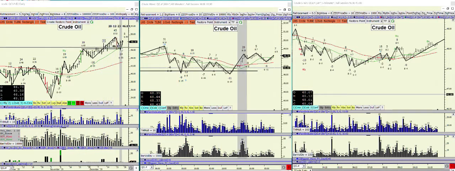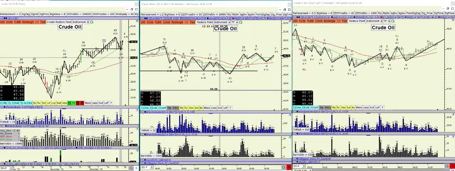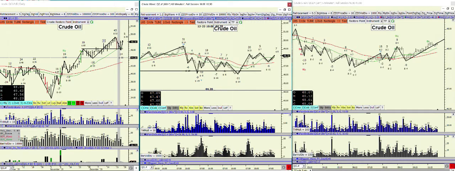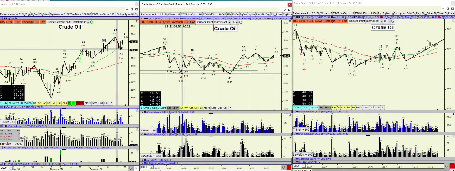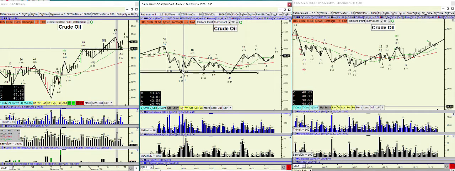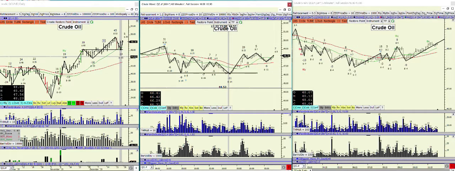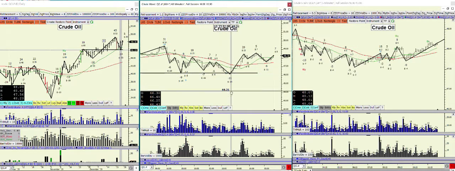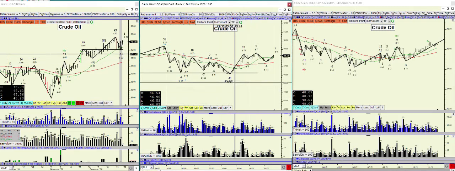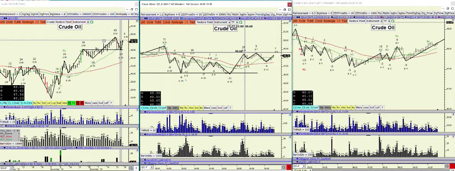Now on a test of the breakout, I'm going to go to the hourly. On the hourly, it basically goes down here. When it drives down again, there's a spring right there, and it reverses.